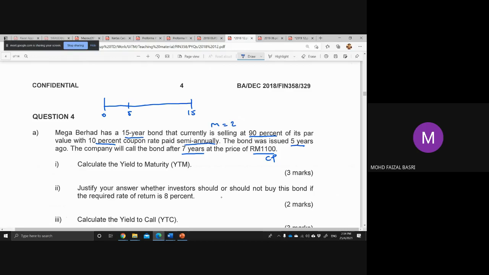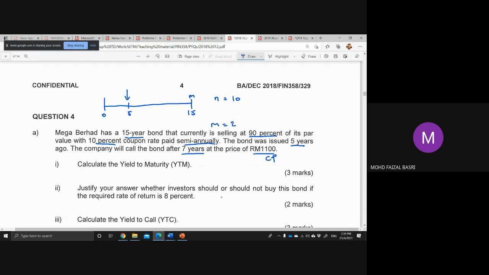You are here in year number 5. We know it matures in 15 years, so technically from the 5th year until 15 here, the time to maturity is 10 years. That's one thing.